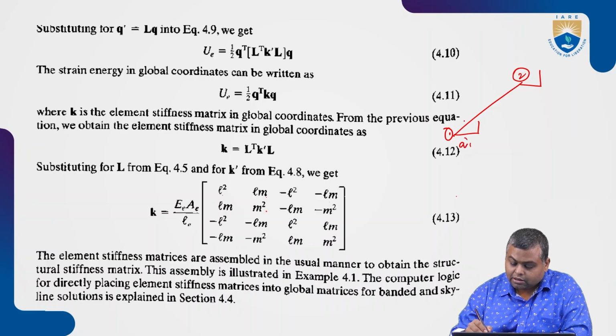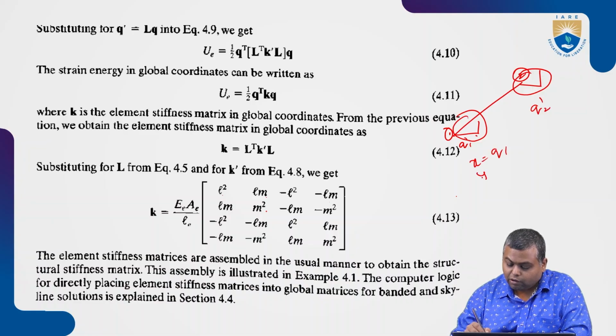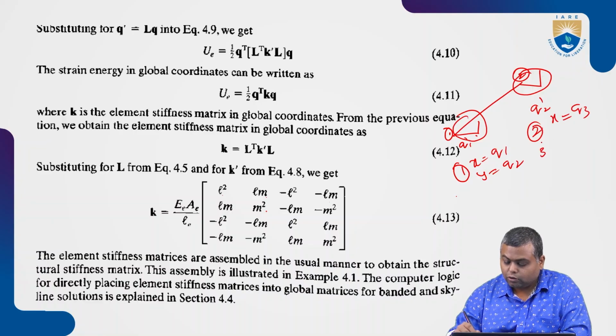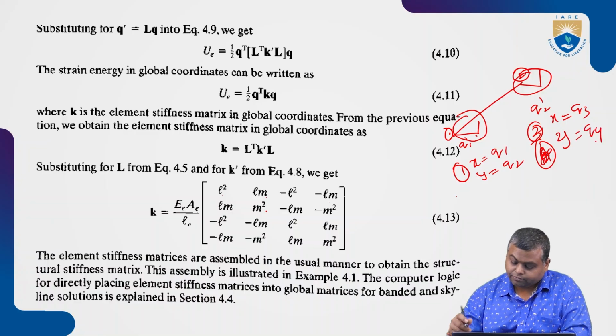I have Q1 dash for this whole displacement and Q2 dash for this whole displacement. By displacement along x direction I will give q1, y direction I will give q2 at node 1. Similarly, at node 2 x direction I will have q3, and y direction q4.